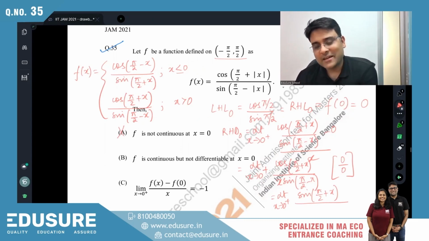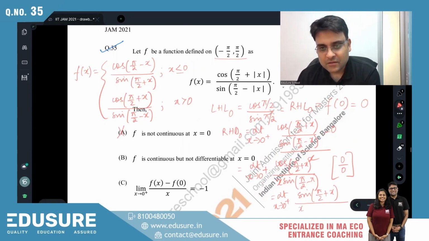तो इसको कैसे लिखा जा सकता है? You can write it in various ways. So x cos(pi/2 minus x) into minus 1, तो माइनस हो गया यहाँ पे, and plus sin(pi/2 minus x).